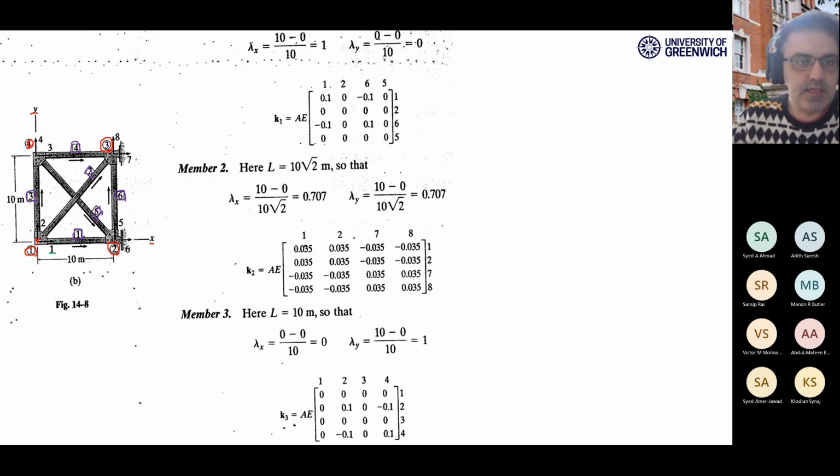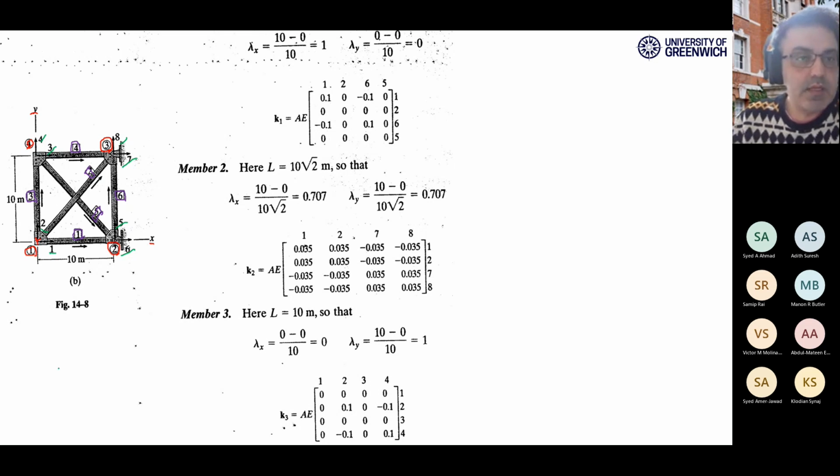So this is degree of freedom number 1, number 2, number 3, number 4, number 5, number 6, number 7, and number 8. I have 4 joints multiplied by 2, which means 8 degrees of freedom. If you want to name them, for example, degrees of freedom number 1 and 2, you can name them delta 1x and delta 1y.